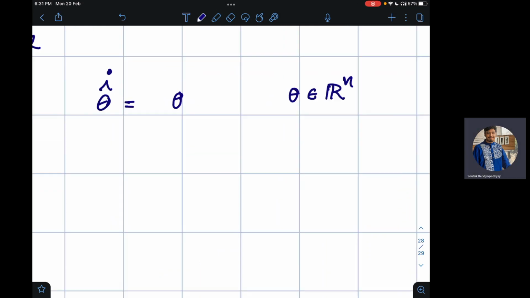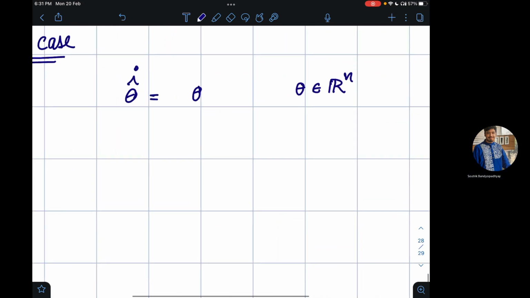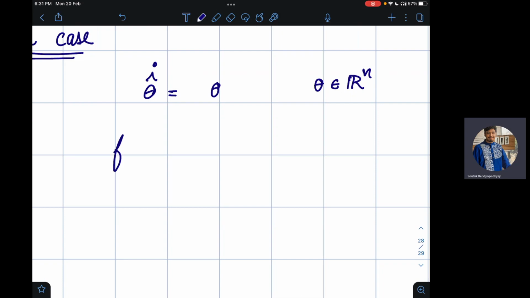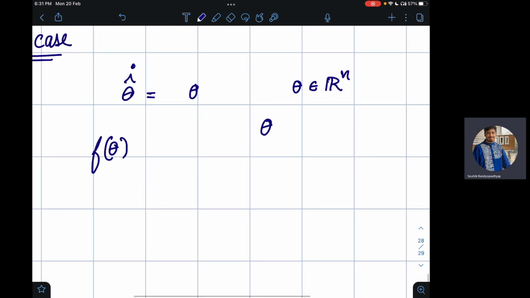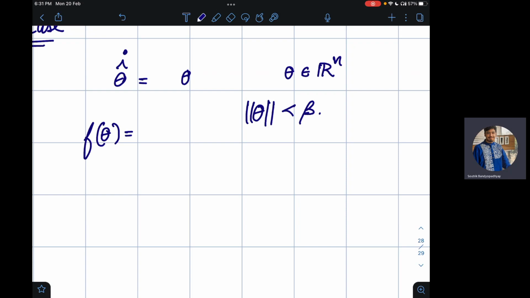So theta being an n-dimensional vector is useful to us owing to the fact that we now consider that the norm of theta should be less than some beta, right? So we consider the convex function, which is theta transpose theta minus beta square.